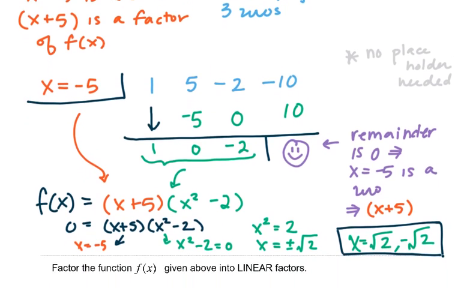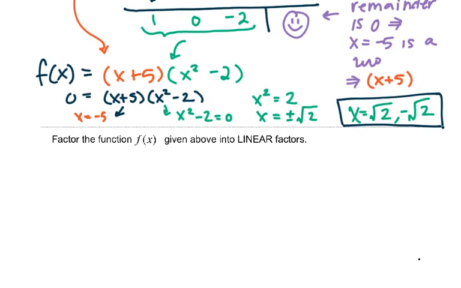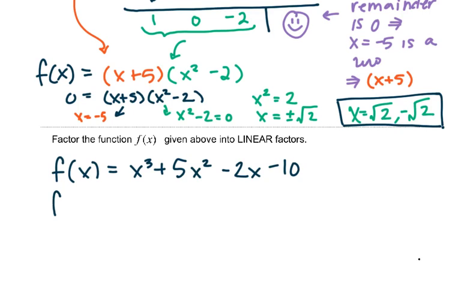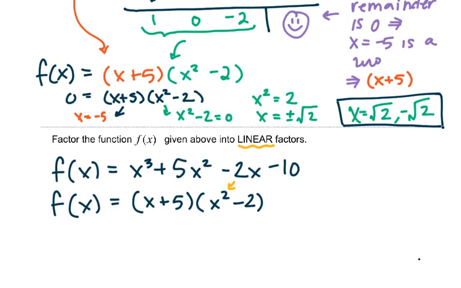So I like to extend on this problem here. What we started with was f of x equals x cubed plus 5x squared minus 2x minus 10, and we wrote this as x plus 5 times x squared minus 2. One thing we're sometimes asked to do is to write things as linear factors.